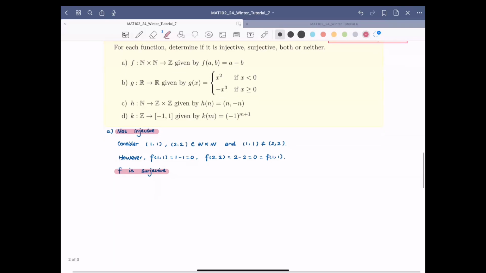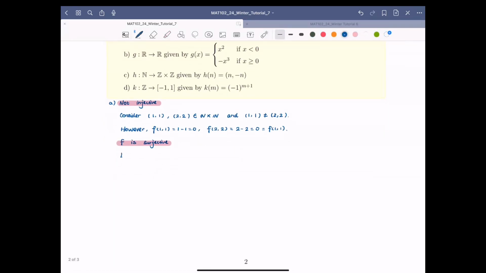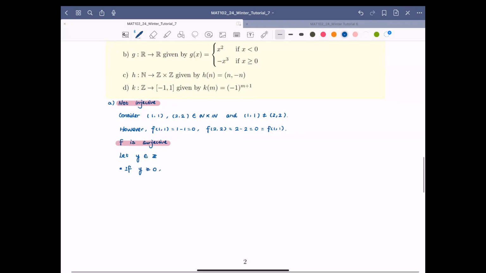But we need to do cases, so let y be an integer and discuss cases. The first case is if my y is greater than or equal to 0. Then some of you already picked the right one.